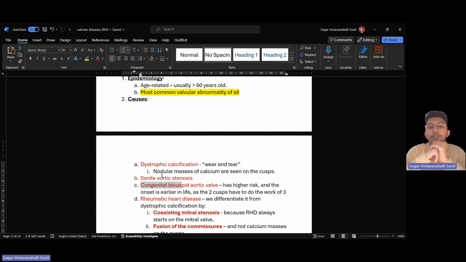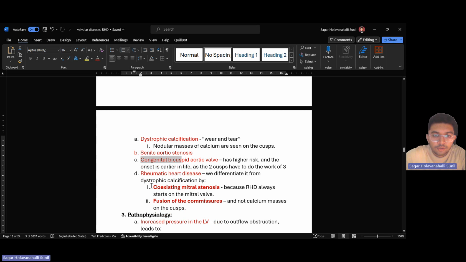And finally, you can have dystrophic calcification caused by wear and tear, also due to other pathological mechanisms in the body which can cause increased incidence of calcification on various tissues. What's important to note is the difference between the calcification in dystrophic calcification and rheumatic heart disease.